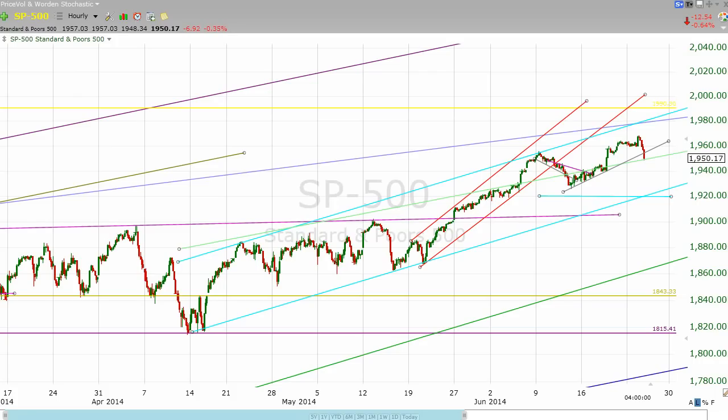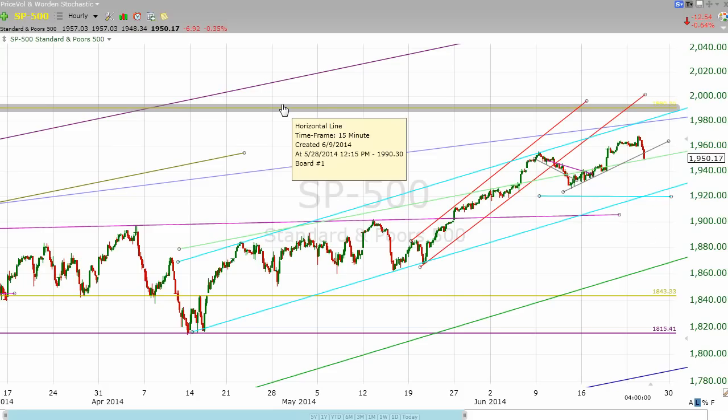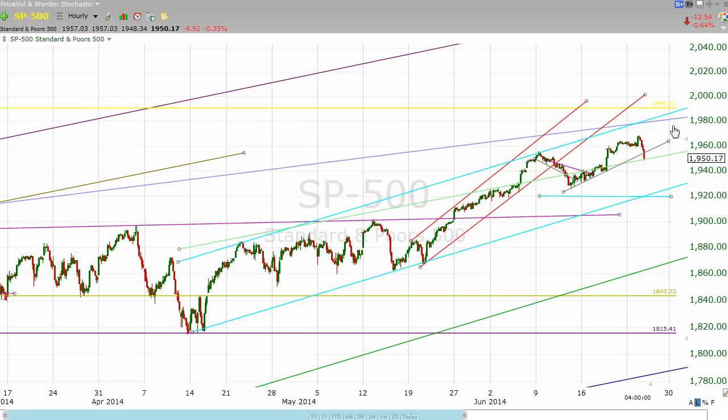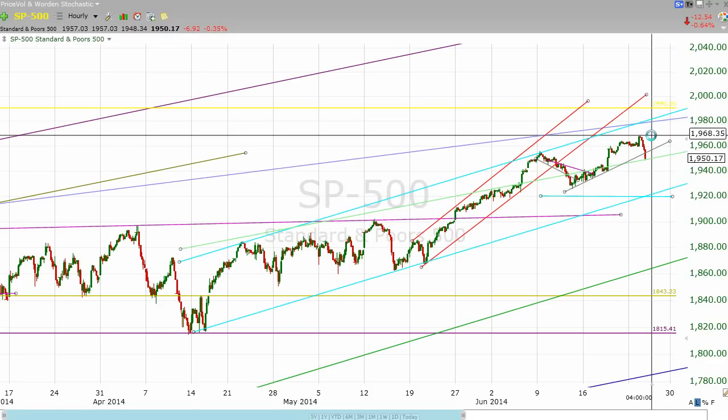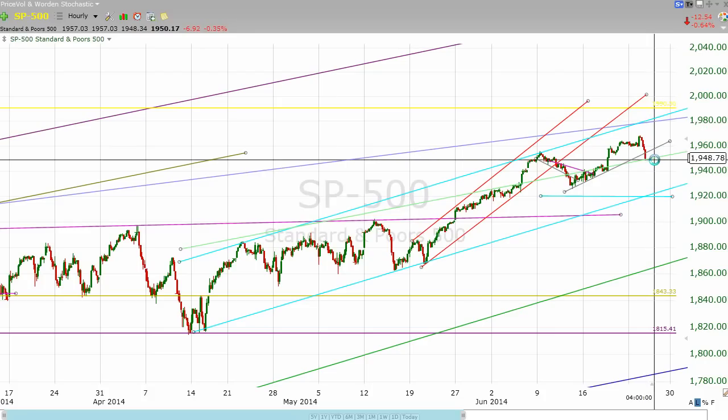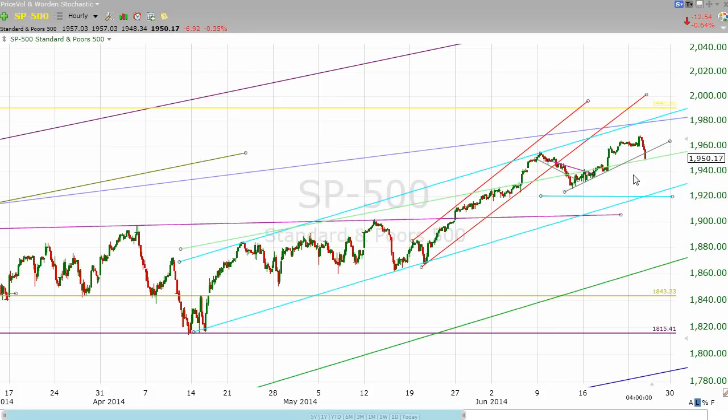Starting out here on a 1 hour chart, you can see we've got a pretty decent red candle for the day today. Started out not too bad, got a little gains, but then fairly quickly started to give that back, and I think we ended up on the day with roughly a high of about 1968 and closed near the low around 1948 or 49.